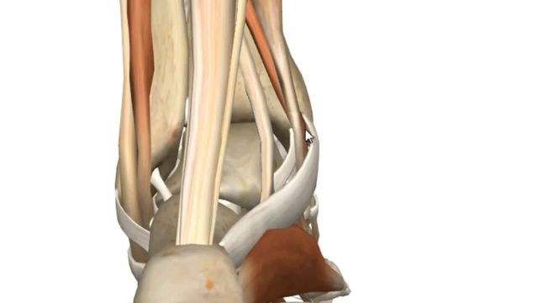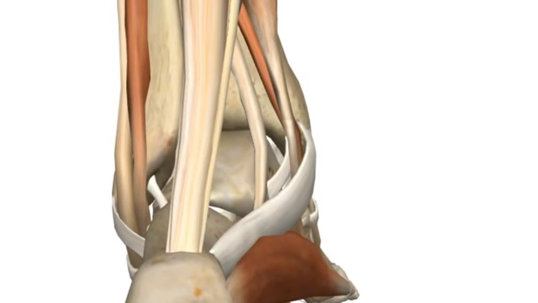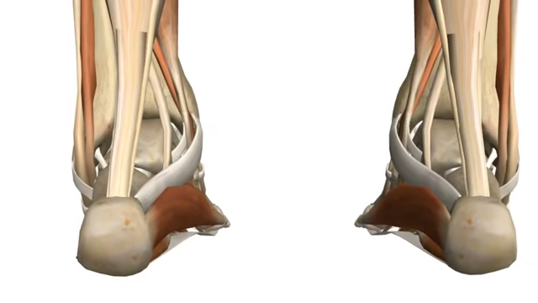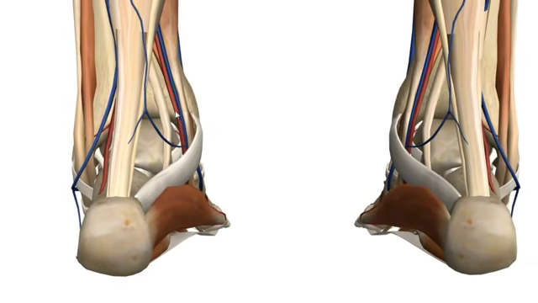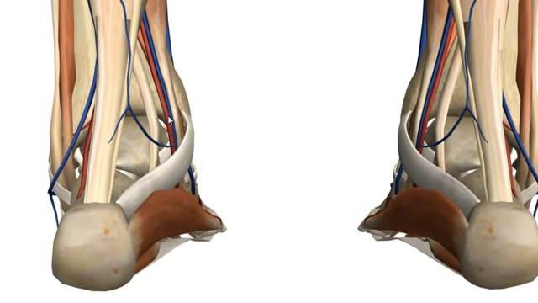The tibialis posterior tendon is more medial, and the flexor digitorum longus tendon, which sits on top of it, is just a little bit lateral. And just lateral to these tendons, you've got some important vessels. I've just brought them in here, and these are the posterior tibial artery and the posterior tibial vein.